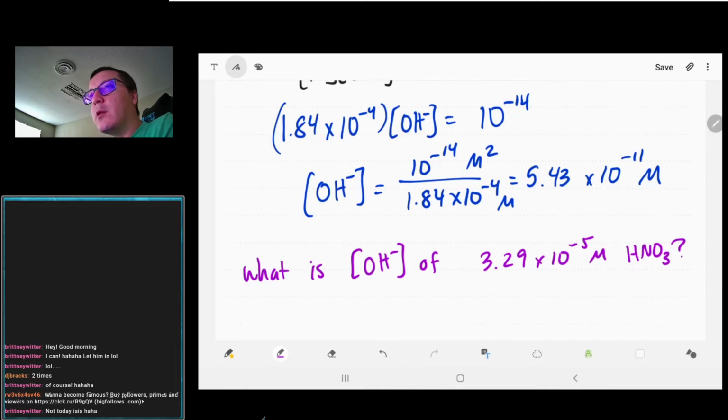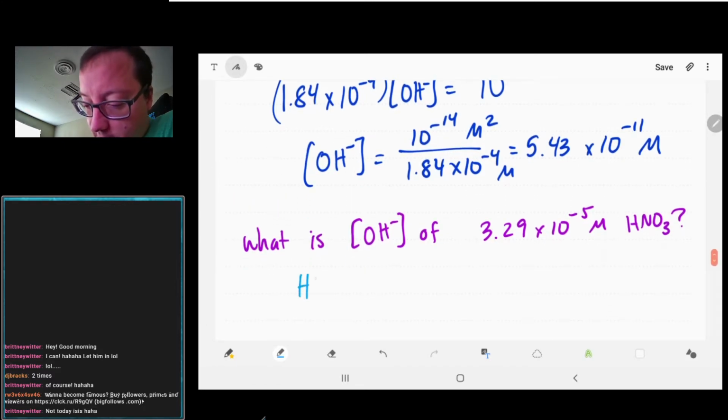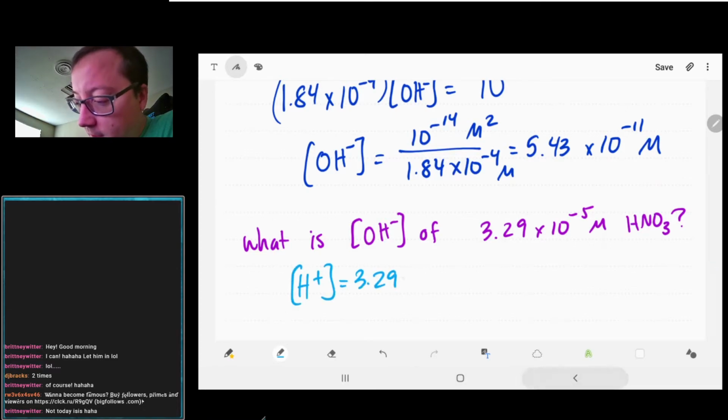Okay, so if we look at this, we're asked what's the OH concentration of a acid solution. It looks like we have HNO3. HNO3 appears to be a monoprotic acid, and we know that is one of our strong acids. And so we know that H plus is going to therefore equal the same thing as our acid. Right? Monoprotic, 1 proton.